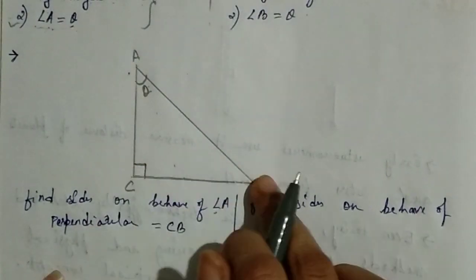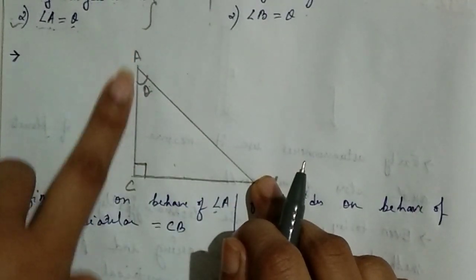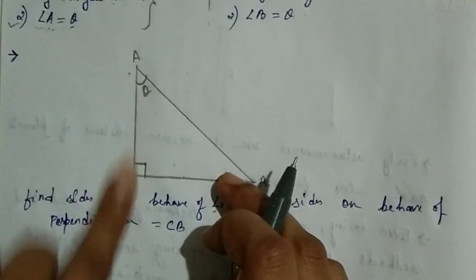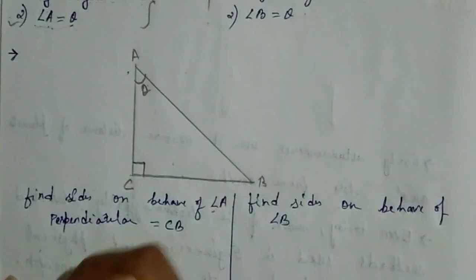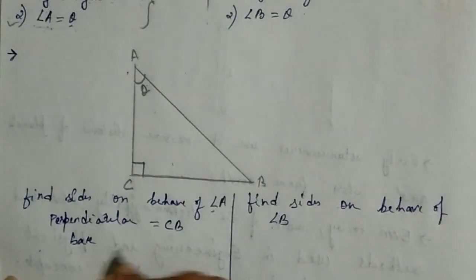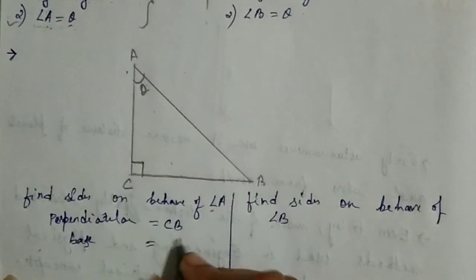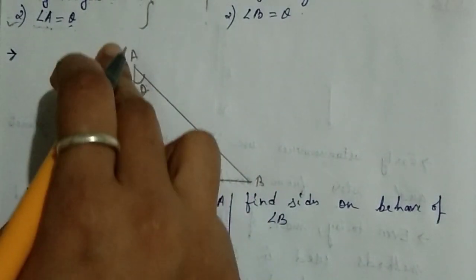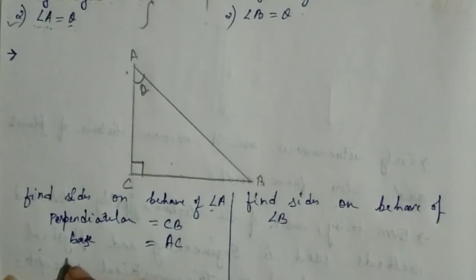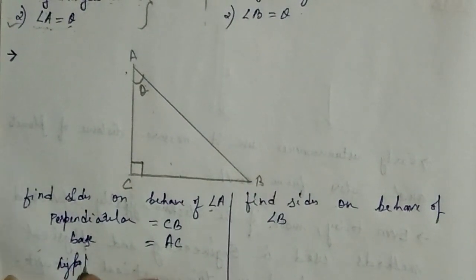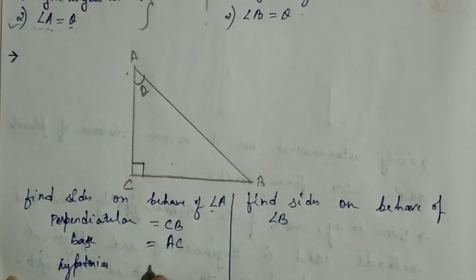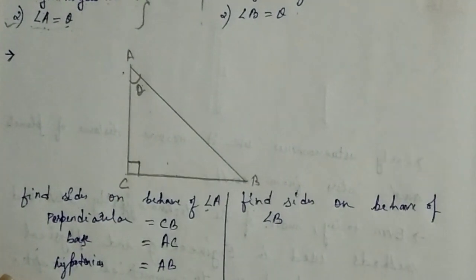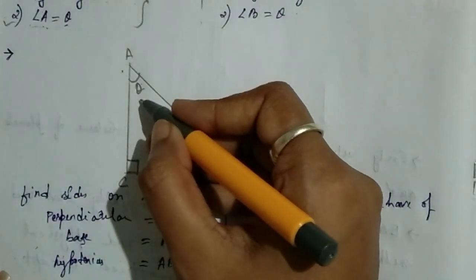As this is perpendicular and this line is adjacent to angle A, and this perpendicular is standing on this line, base will be AC. Now this side is left and we know this is the longest side. So hypotenuse will be AB.